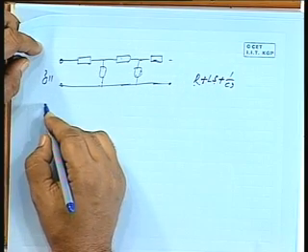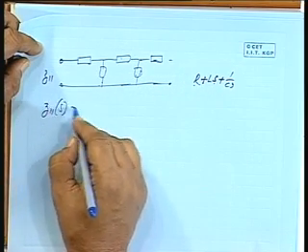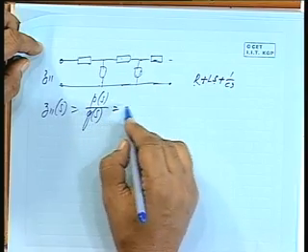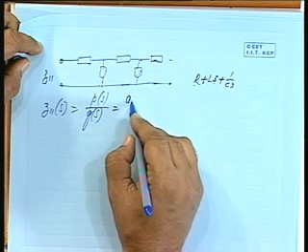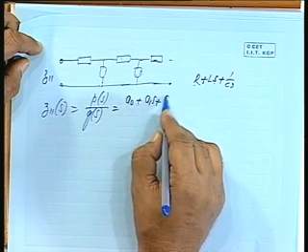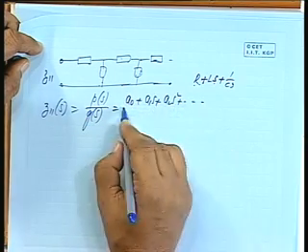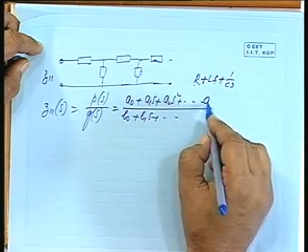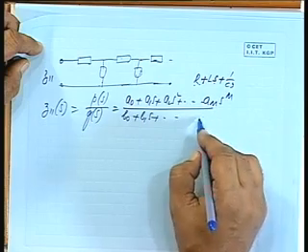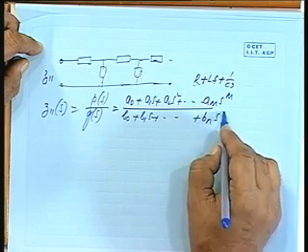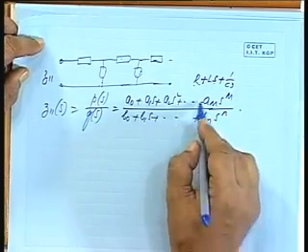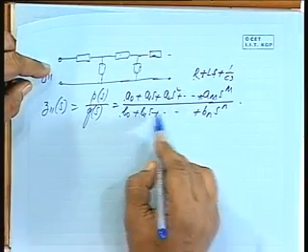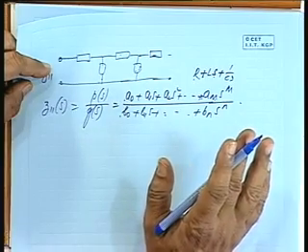So, if I write Z11 S as some Ps by Qs, then in a polynomial form, this will be some A0 plus A1s plus A2s squared and so on, divided by B0 plus B1s and so on, say Am s to the power m plus Bn s to the power n. Okay. So, all the coefficients A0, A1, A2 etc. and B0, B1, B2 etc. must be positive.